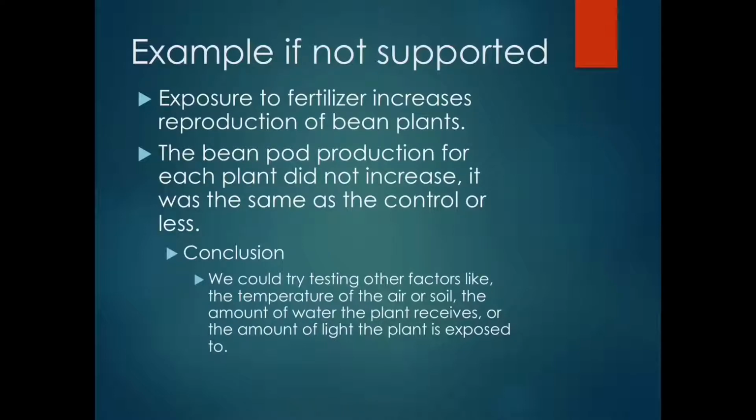Your conclusion would say, well, we could try testing other factors like temperature of the air or soil, the amount of water the plant receives, or the amount of light that the plant is being exposed to. So what you write in your conclusion is dependent upon whether your hypothesis is correct or incorrect.